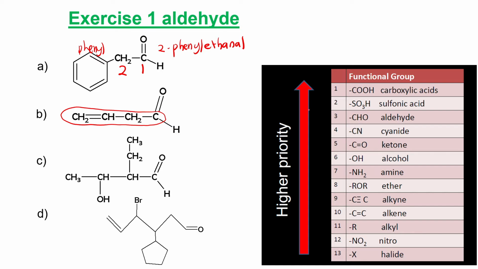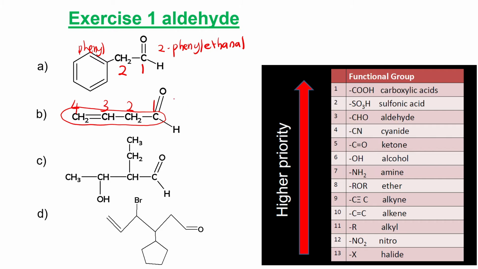According to our table of priority, aldehyde has higher priority to become the functional group compared to alkene. So we start numbering from the right hand side. First carbon, second, third and fourth. So the double bond is attached to carbon number 3. So 4 carbon, good.